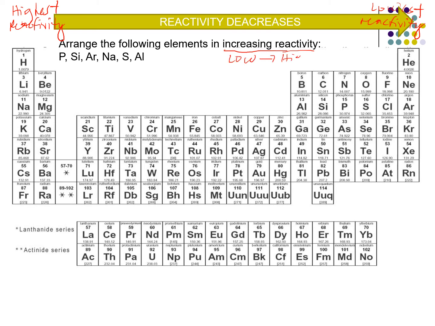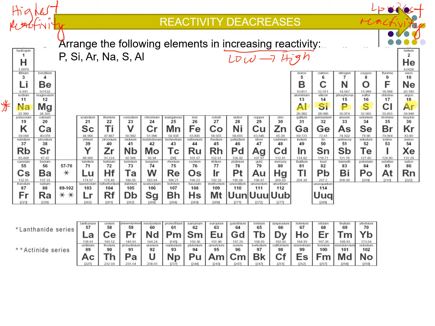Low to high. Tayo ay nasa period 3. I-highlight natin yung mga elements involved. We have phosphorus, silicon, argon, sodium, sulfur, and aluminum.